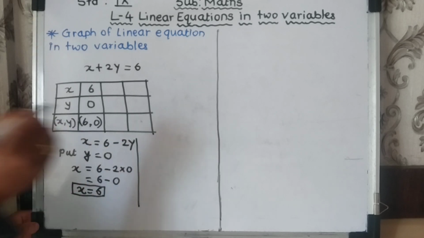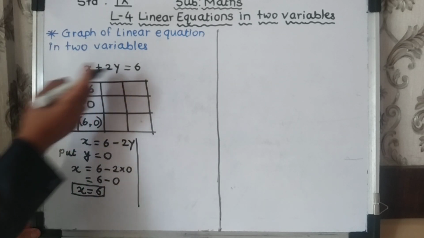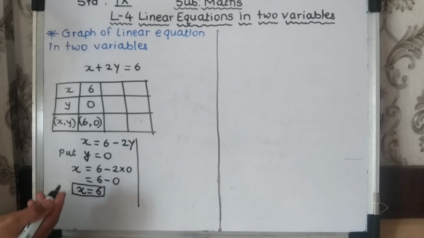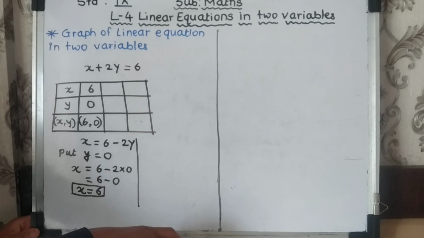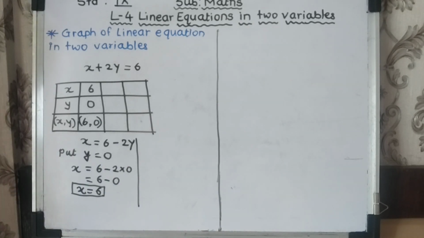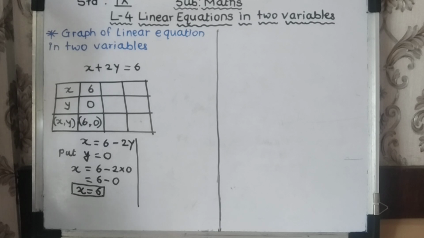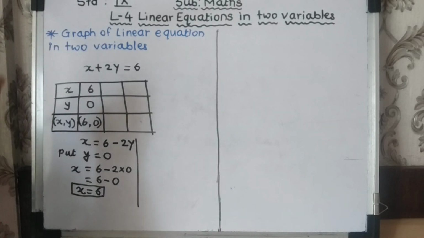Now the second value we will find out. Let us take y value equal to 1, or you can take half also. But while taking the half for representing, it should be very clear that we can easily locate that point on the graph.